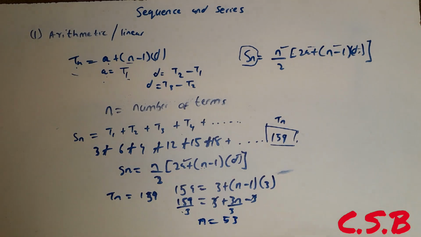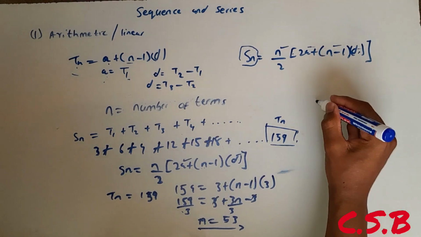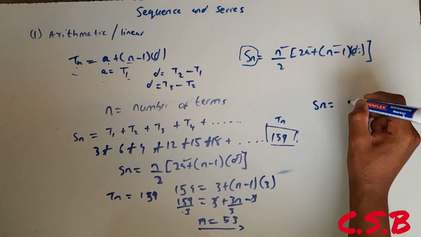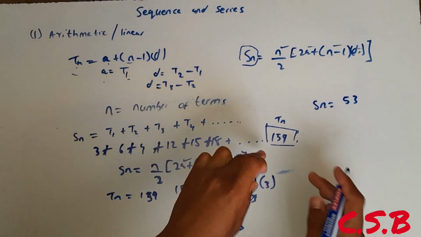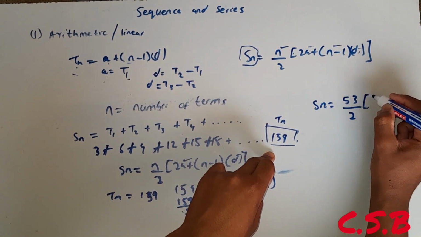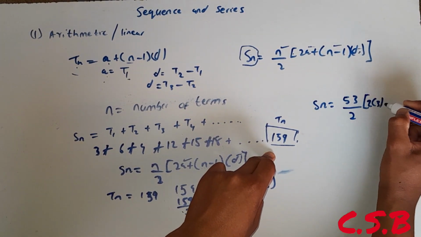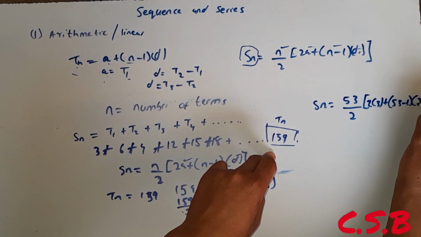So now we have our n, so we can use this n in this formula. We can take this n and say Sn is equal to 53 over 2, because the number of terms in the sequence is 53, into 2a, where a was 3, plus (53 minus 1), our difference is 3.